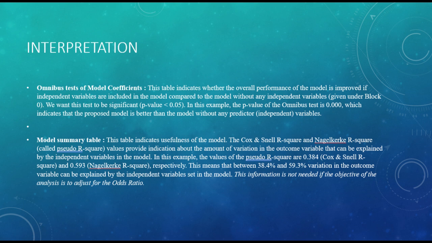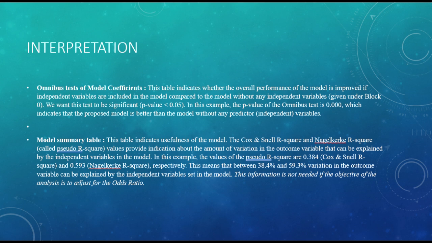Model Summary Table. This table indicates usefulness of the model. The Cox and Snell R-square and Nagelkerke R-square, called pseudo R-square, values provide indication about the amount of variation in the outcome variable that can be explained by the independent variables in the model.